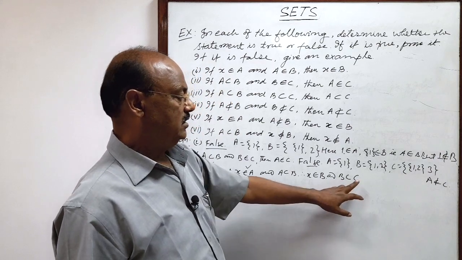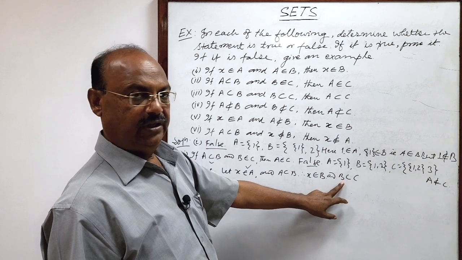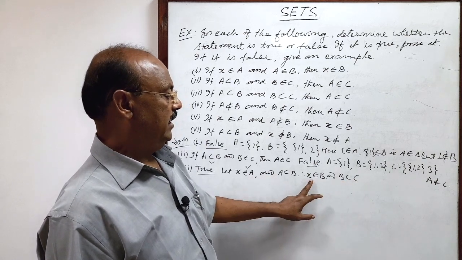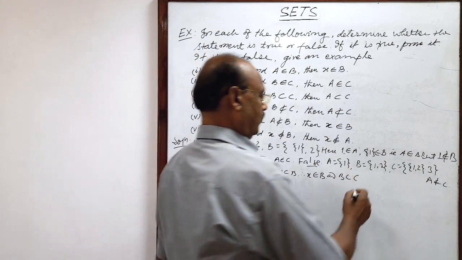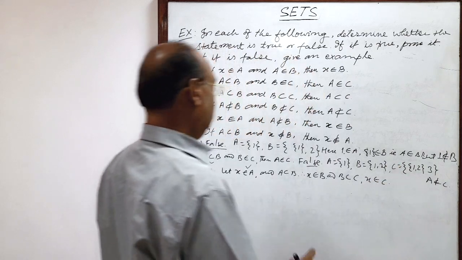B is a subset of set C means each and every element of set B is also available in set C. And here we see that X belongs to B, so X must be in C also. So what are we finding?